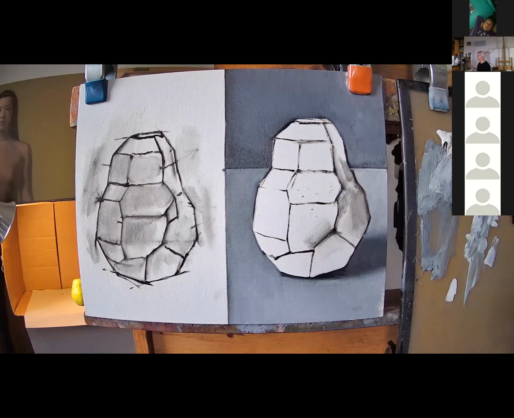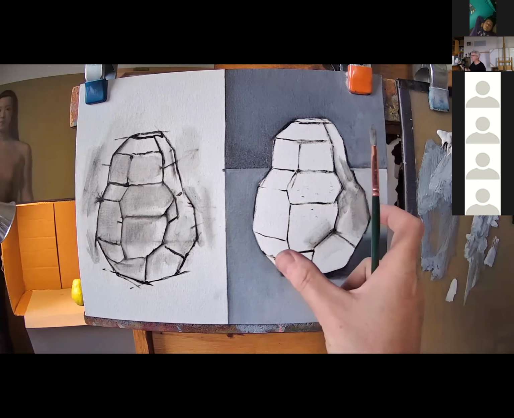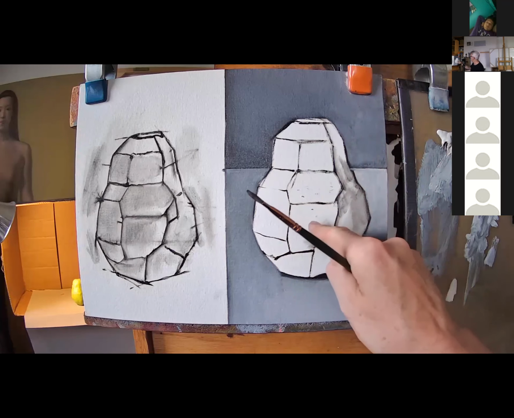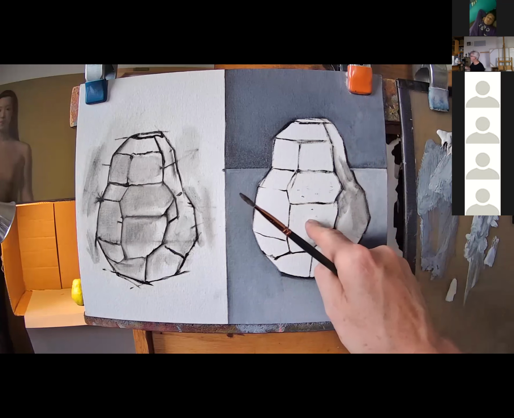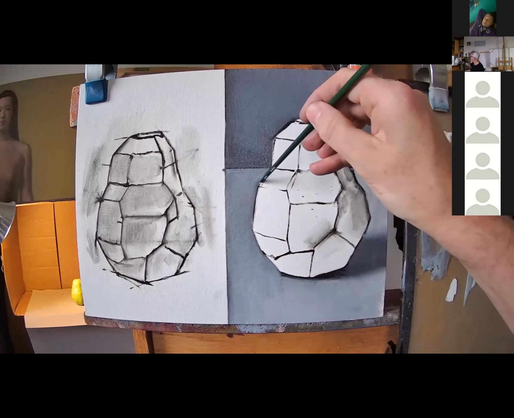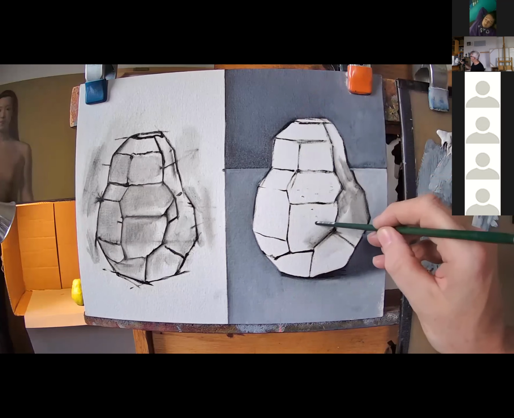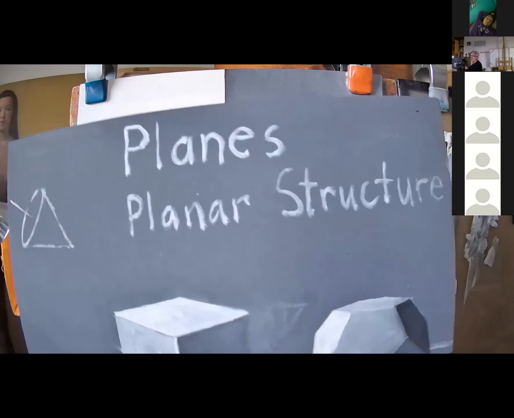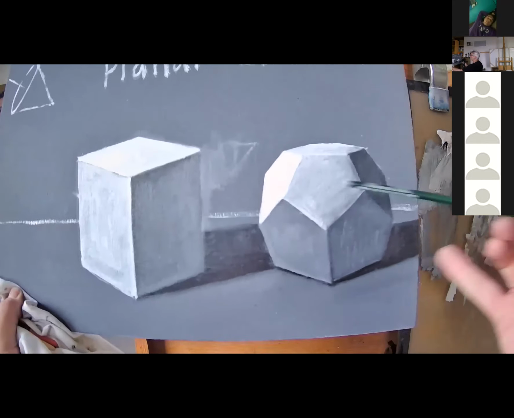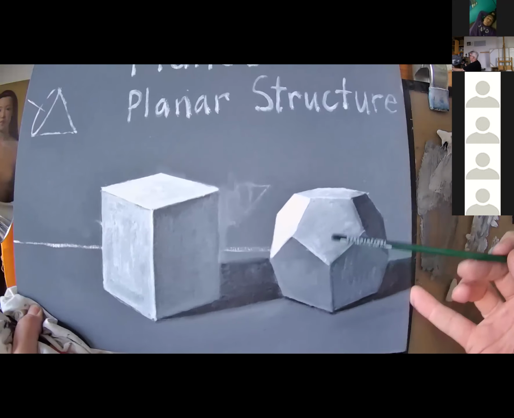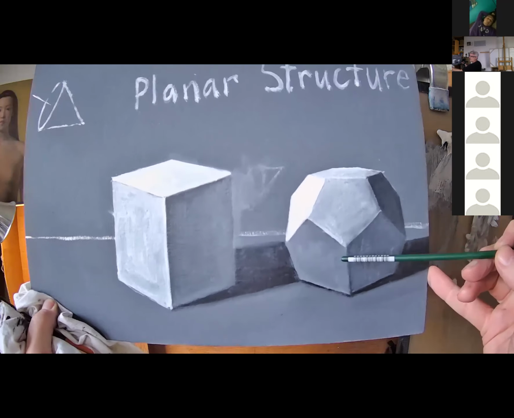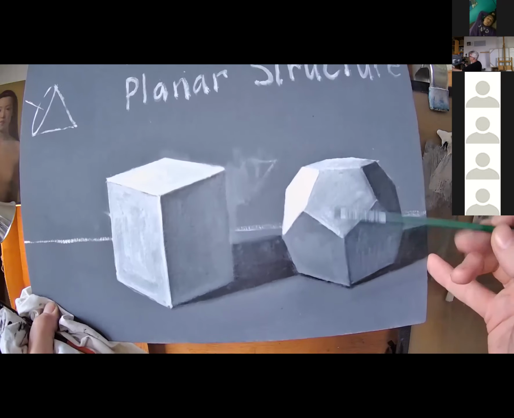So a completely believable object that we could almost, as if we could put our hand into that space and pick up that object. So I need to make this part of the pair appear closer to me than this part, right? I need to make this part of the pair appear closer to me than that part of the table. And we've talked about how it's relatively easy with geometric forms to create the illusion that those forms are moving through space, right?